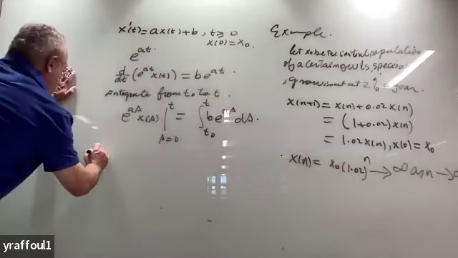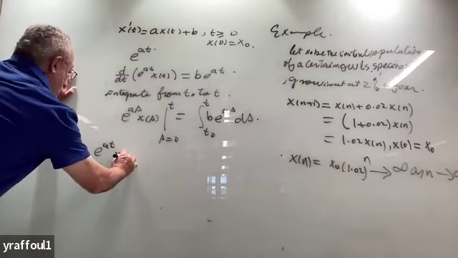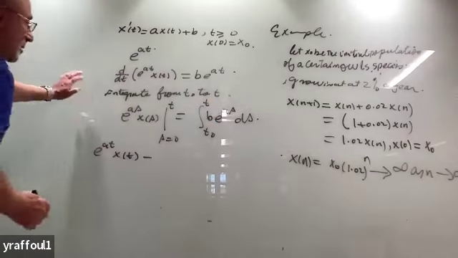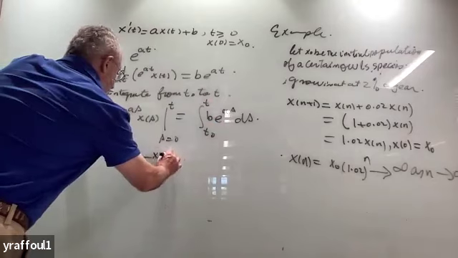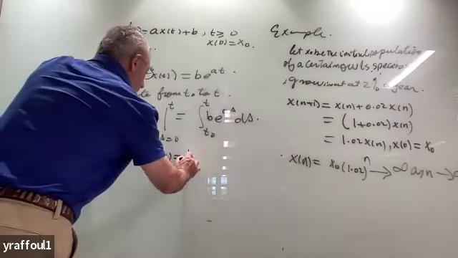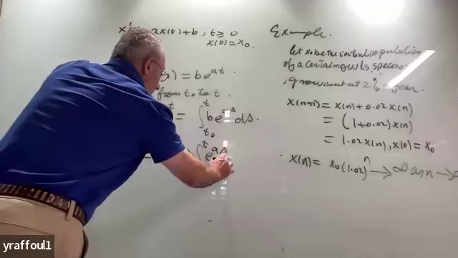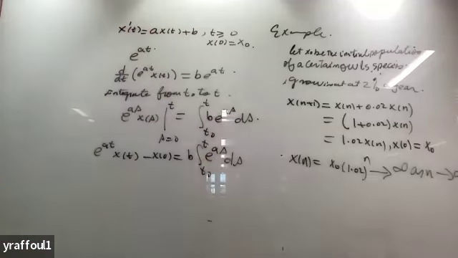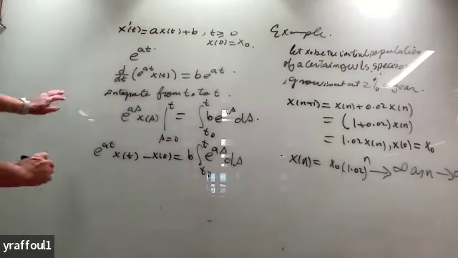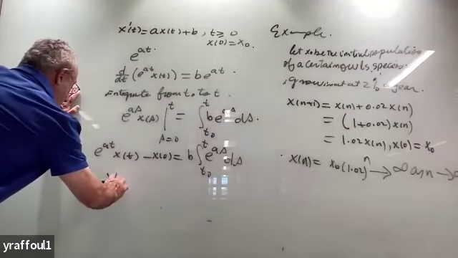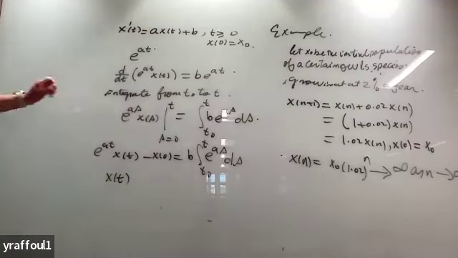And this would be e to the minus at x of t minus x naught equal b times the integral from t0 to t of e to the minus as ds. And then this is x of t, okay?